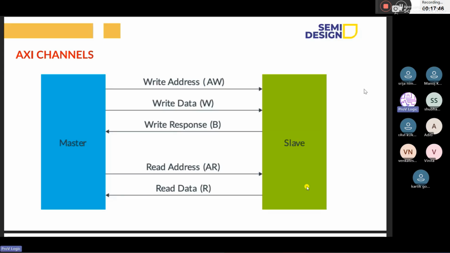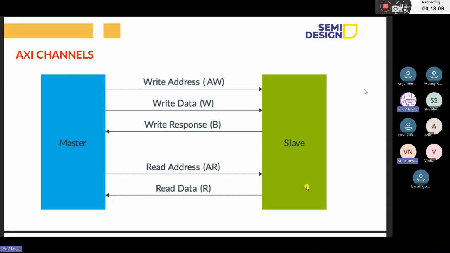Okay, so that is the difference between AHB, APB, and AXI. So coming to the AXI channels, if you observe here, we have 5 channels. Okay: write address, write data, write response, read address, read data. 5 channels.